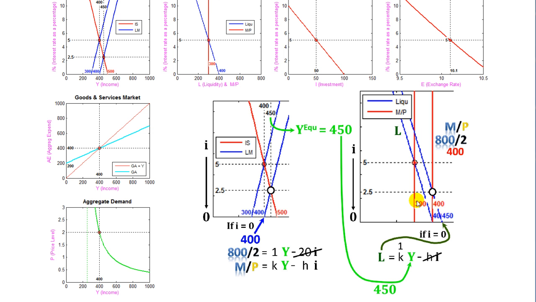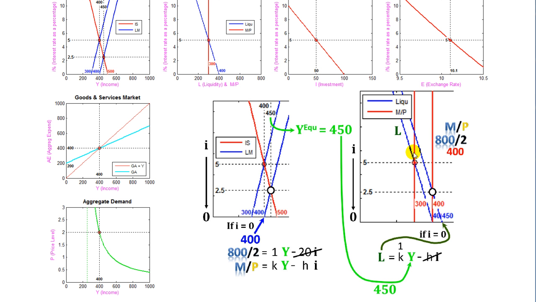Now we increase M from 600 to 800, so the real money supply will be 800 divided by 2, 400, so there is a parallel shift of real money supply from 300 to 400. So this explains this new red line here.